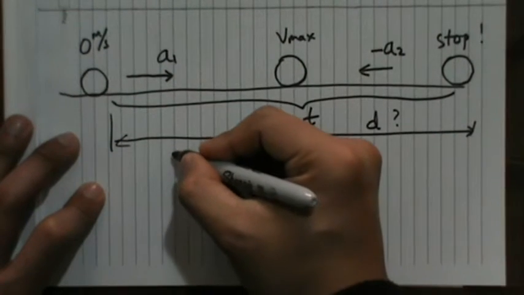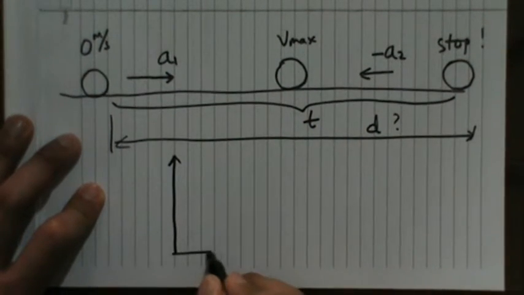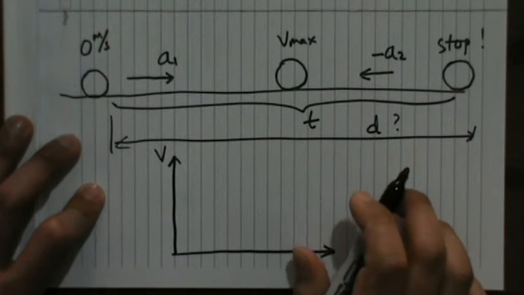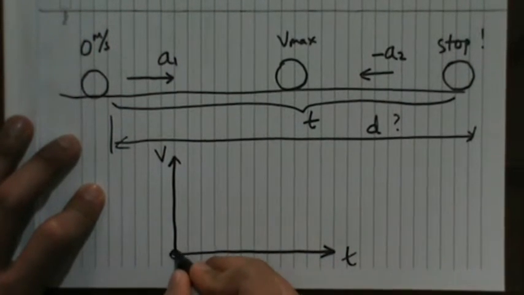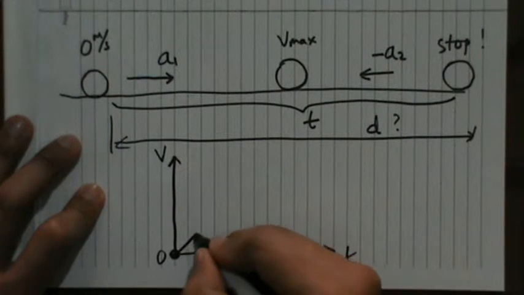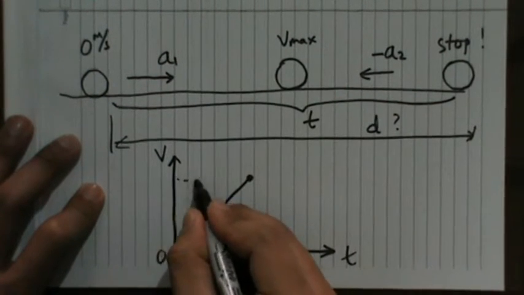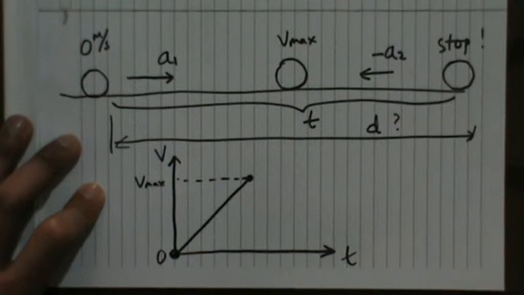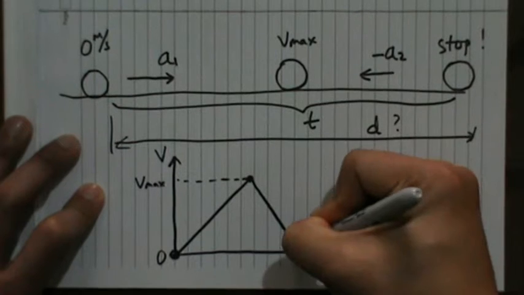So now let me draw for you a speed versus time, so you will see this problem clearly. The object starts from rest, that means the initial speed is 0, and then it accelerates until it gets the maximum speed. And then it decelerates until it stops.